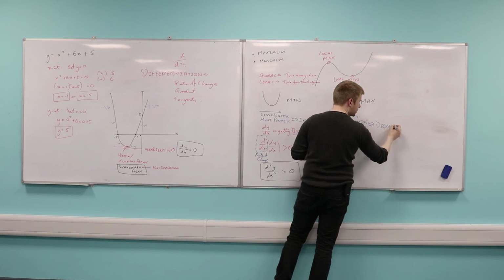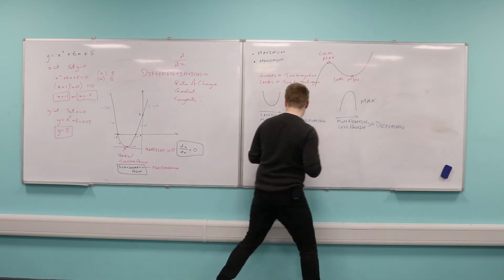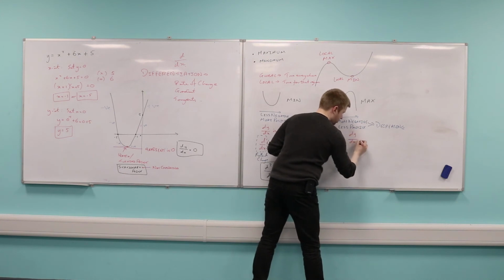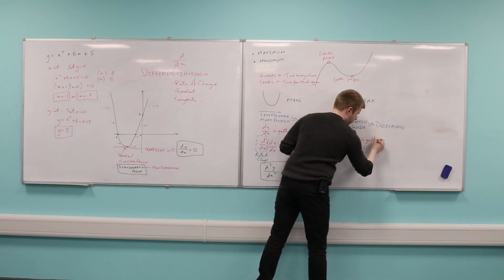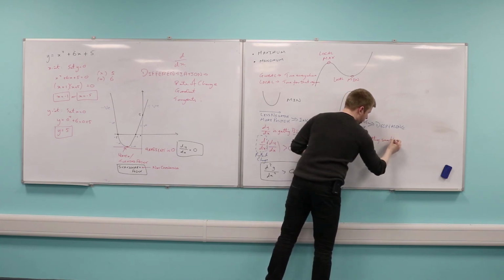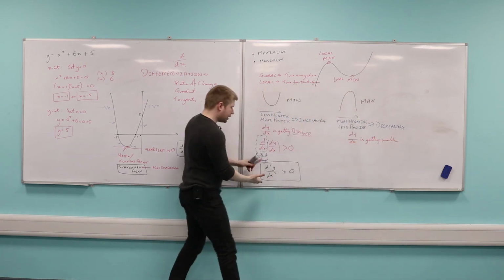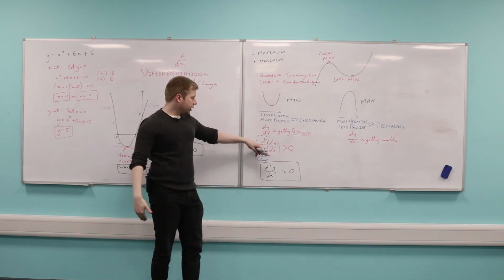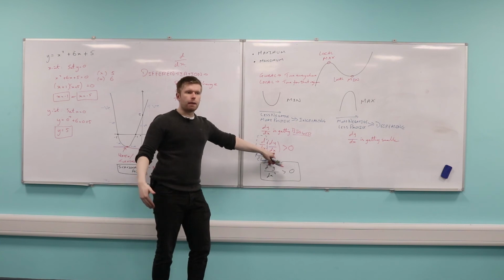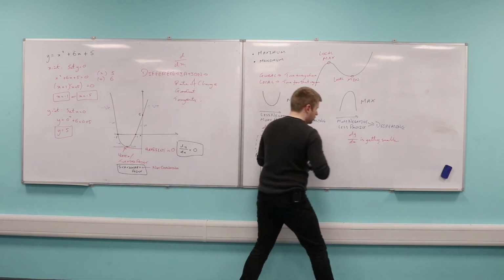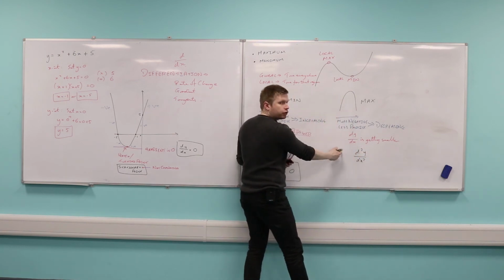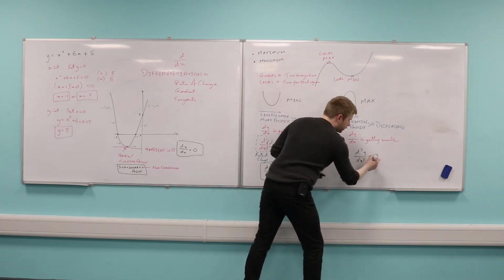So my gradient is getting smaller. Which literally means the rate of change of my gradient must be getting smaller. So in other words, it's less than 0. That's literally what that says: the rate of change of my gradient is getting smaller.